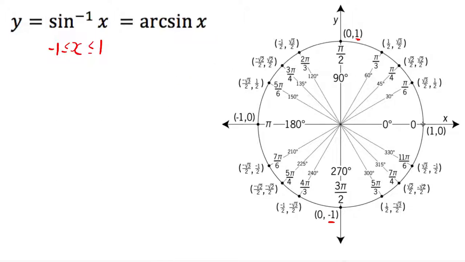Now, if we realize that we start here at 0 and we measure our angles in the positive direction here, notice what's happening with these sine values, 1/2, root 2 over 2, root 3 over 2. Well, if I continue this way, I'm going to get those exact same sine values.